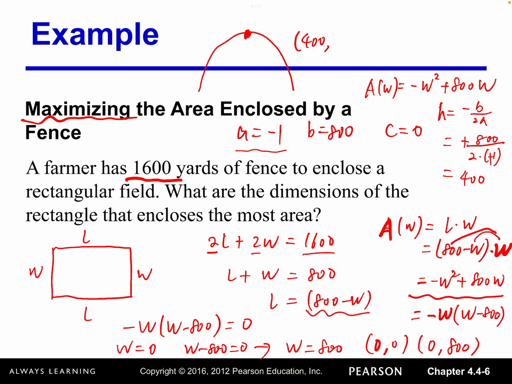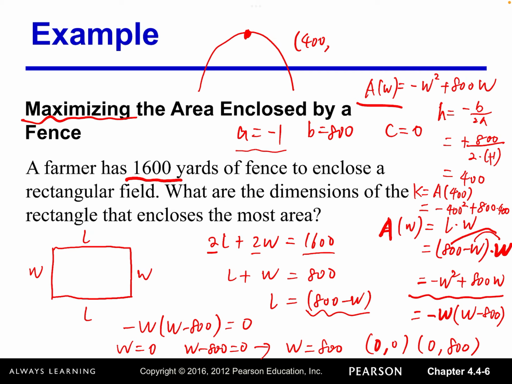We're looking for the y-coordinate of the vertex, k, so we evaluate this function: the area function of W, replacing W by 400. That equals negative 400 squared plus 800 times 400.